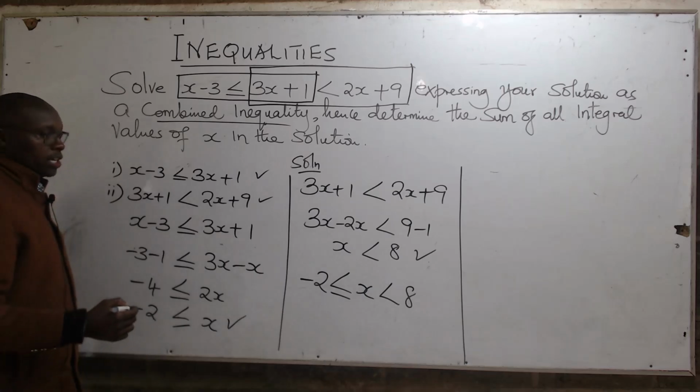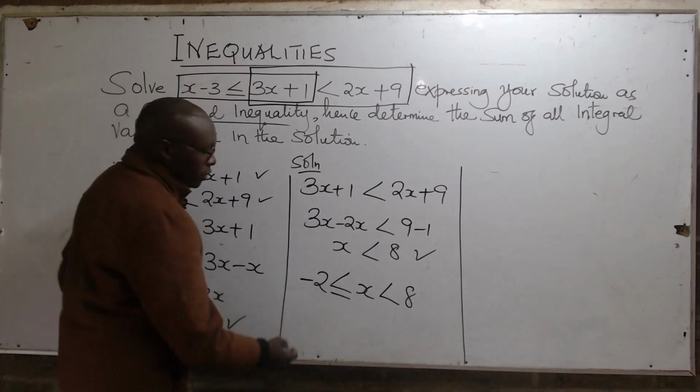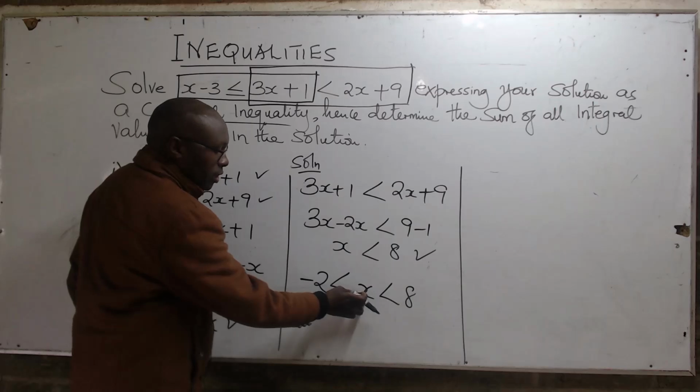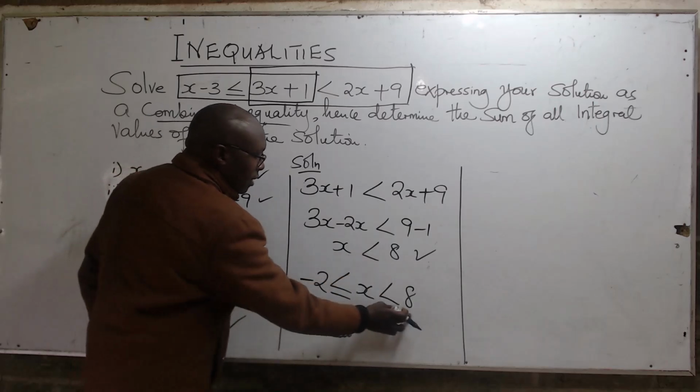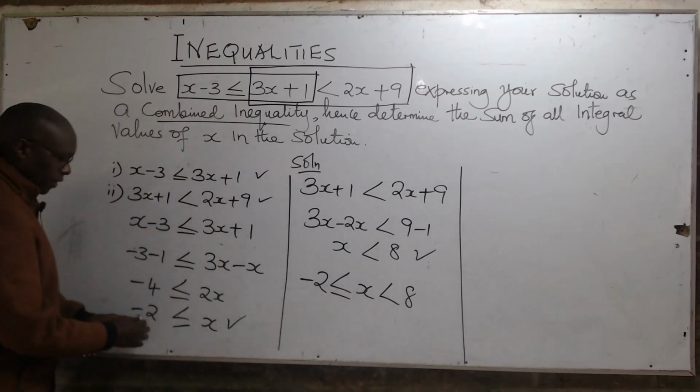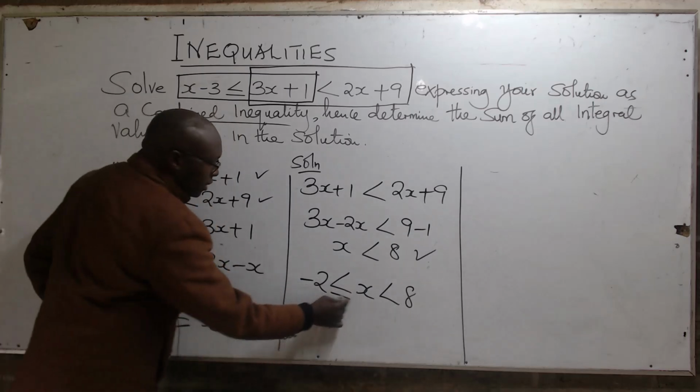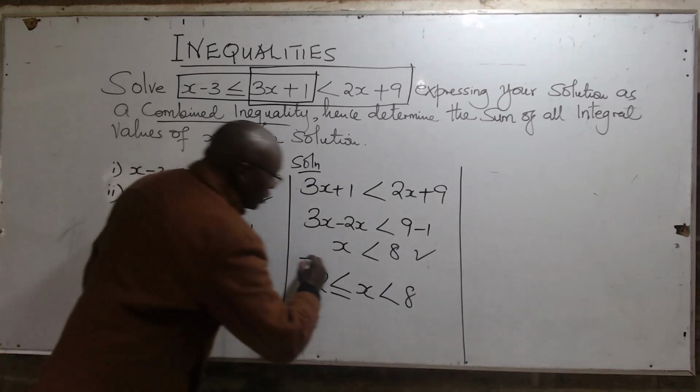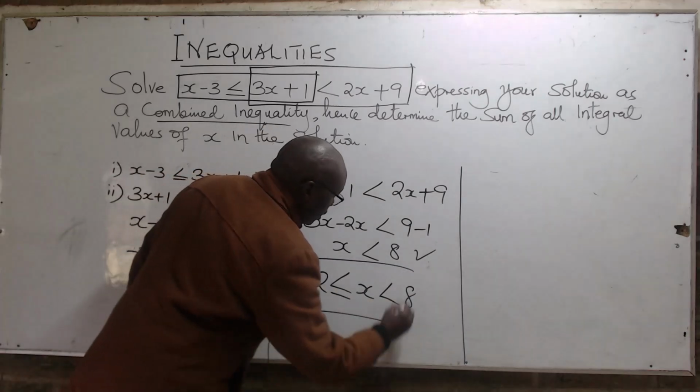So that is how you write it as a combined inequality: negative 2 is less than or equal to x, which is less than 8.